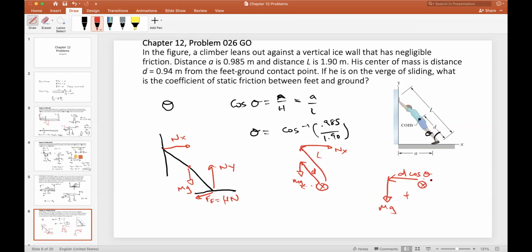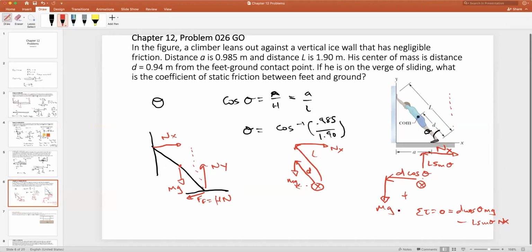And then we have, above here, this distance up, and this distance up is L sine theta, times the normal in the X direction. If you solve those two torques, you see that the sum of the torques being 0 gives d cos theta times mg minus L sine theta times nx.